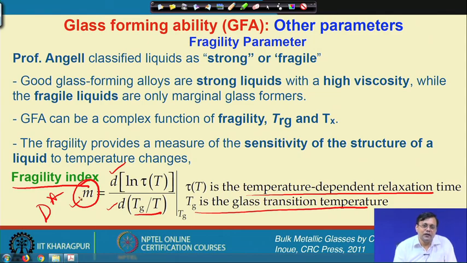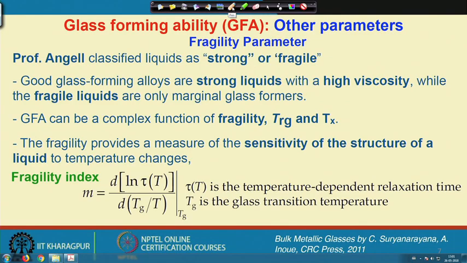From there we can directly say whether the glass is a better glass forming alloy or a poor glass forming alloy, like the fragility parameter or fragility index we have discussed earlier.